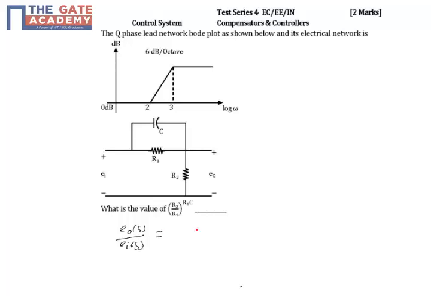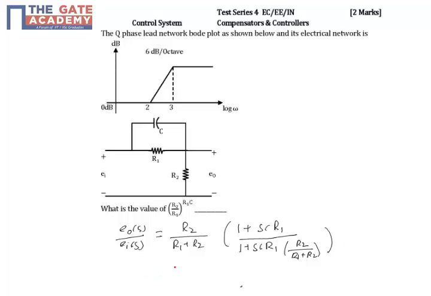So the transfer function will be R2/(R1+R2) times (1 + sCR1) divided by (1 + sCR1·R2/(R1+R2)). Now this is the transfer function of this system.